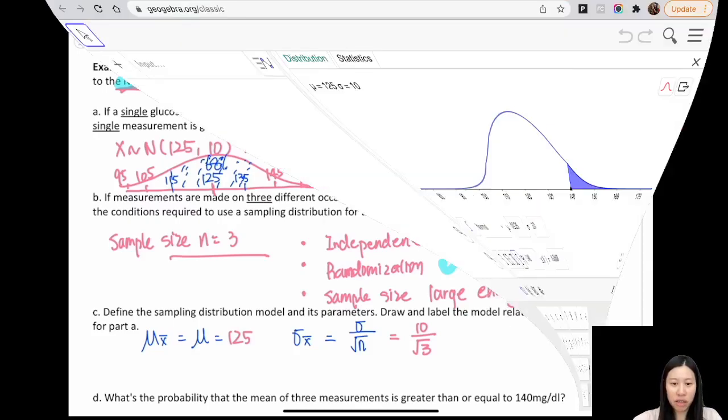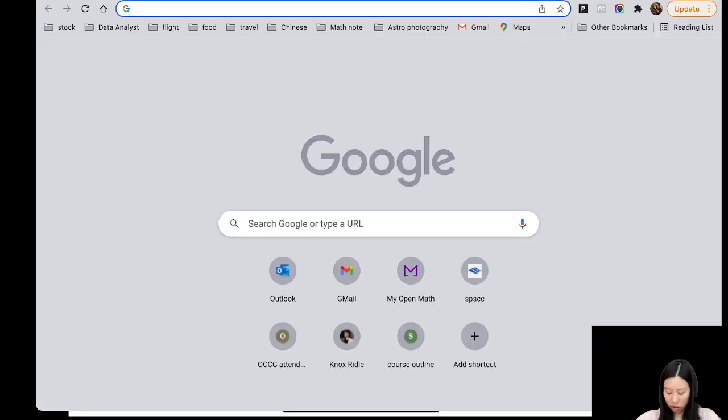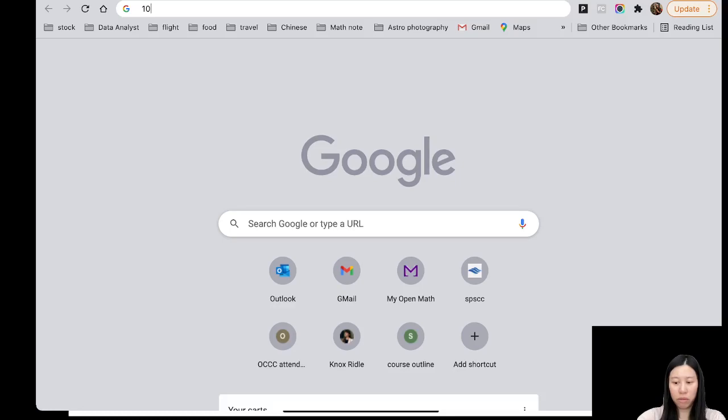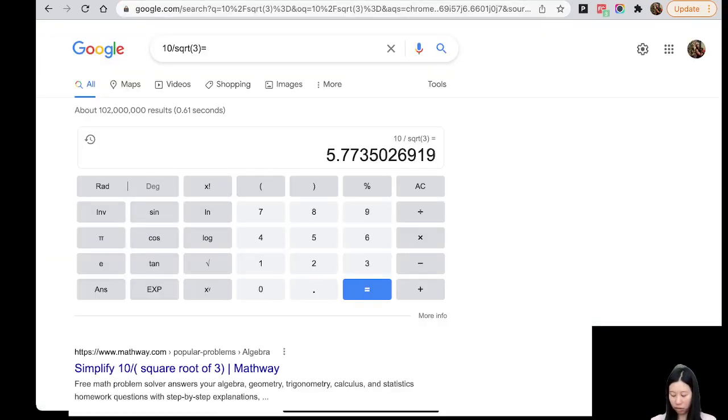And let's say this equals what? Using a Google calculator, we have 10 divided by square root of 3 equals 5.77. We round to 2 decimal places.